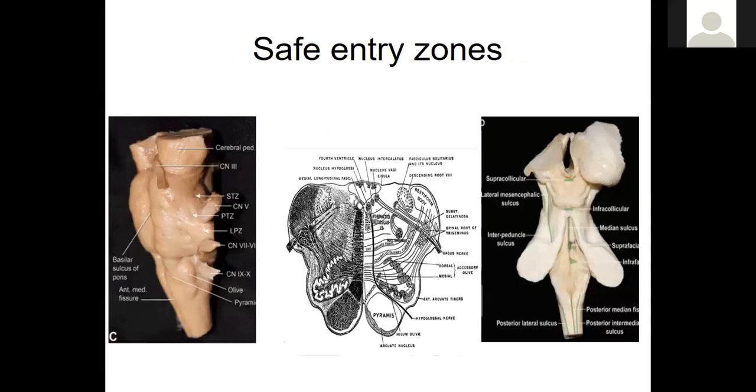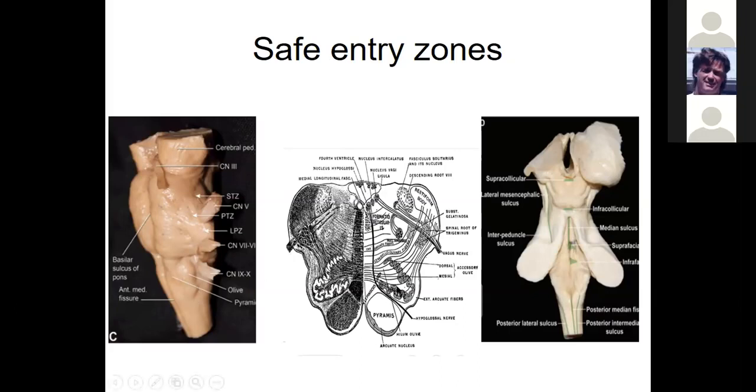So here we can see the safe entry zones. Most often for the far lateral approach, the safe entry zone is the retro-olivary sulcus right here.